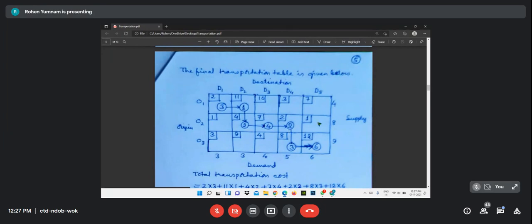See here what is to be done. 4 and 3, minimum is 3, 3 is here. This is exhausted and this column will be removed. And now it will be 3, and after taking out 3 from 4, it will be 1. Here you can write by simply cutting this, and then write 1. But if you understood, then no need to write.